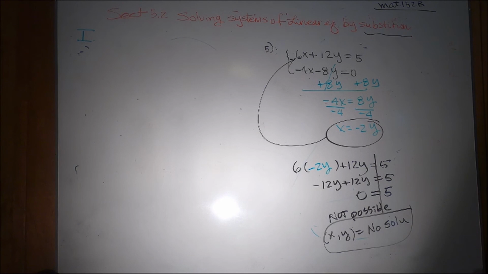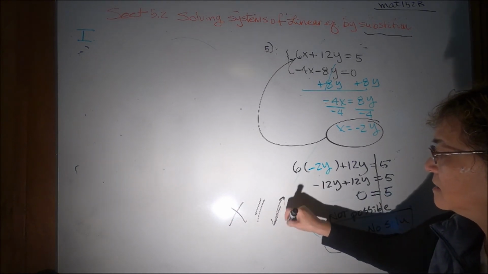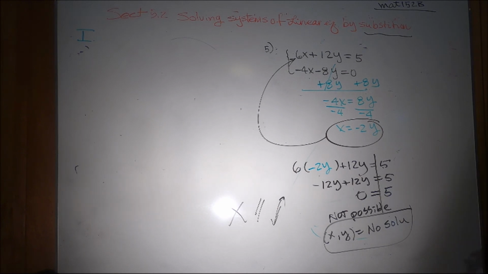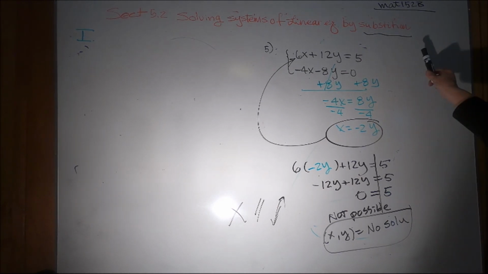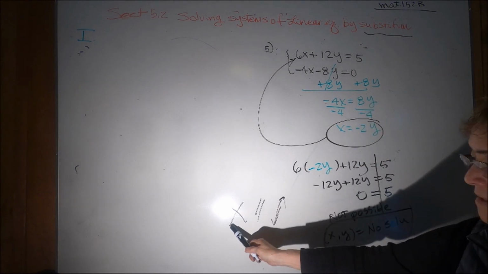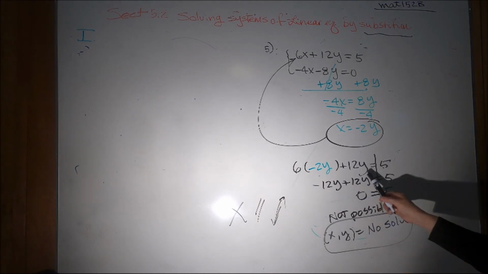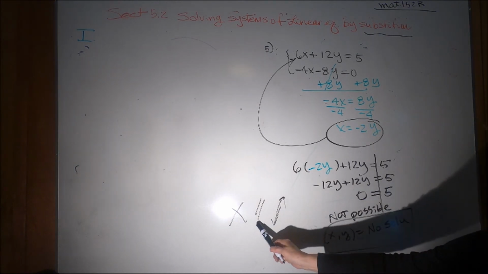Instead of graphing, you can do that by graphing, you can see, right? But when you solve it mathematically using substitution, if you find one answer, that's the first condition. If you find a conflict, that means the second condition, no solution.